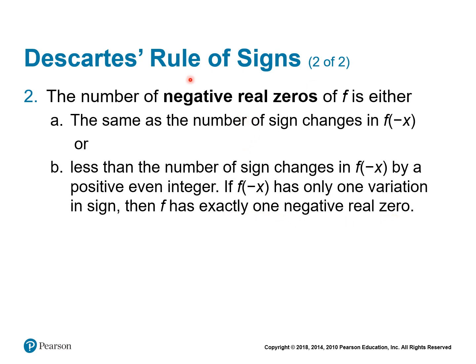So to determine the negative real zeros, we have to plug in negative x in the function and look at how the signs are from term to term, and based on the sign changes, we can determine the number of negative real zeros. All right, so we'll go through an example and you will see how we can determine the positive and negative real zeros.